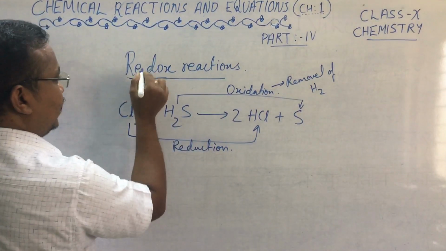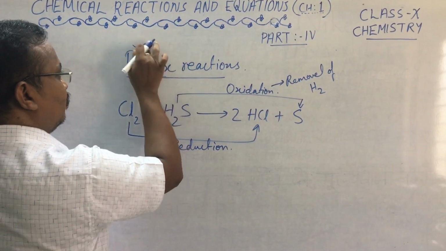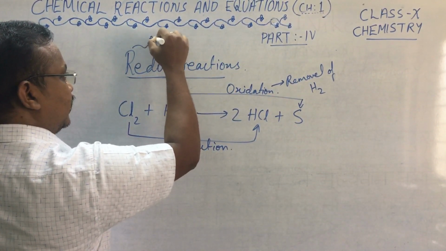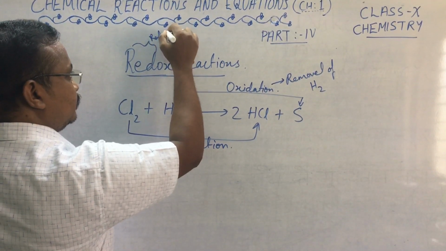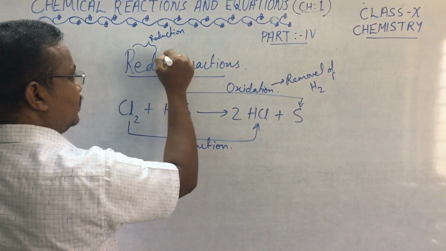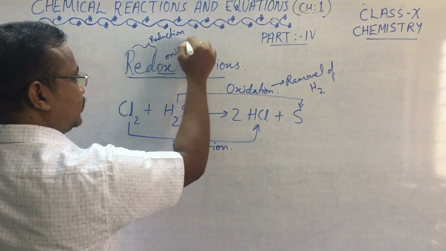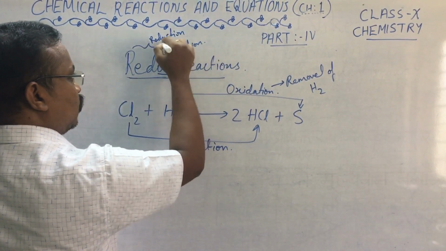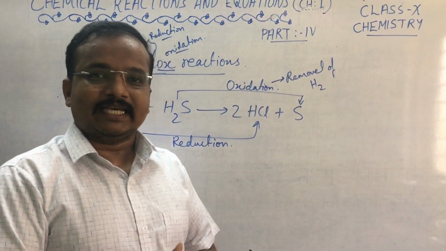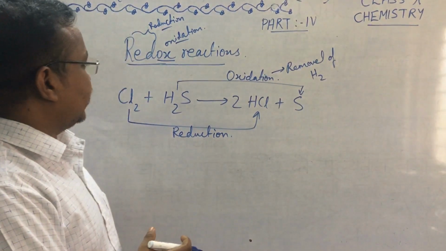In this RED, what does it mean? Red means reduction, and ox is for oxidation. So the combination of reduction as well as oxidation, we call redox reactions.